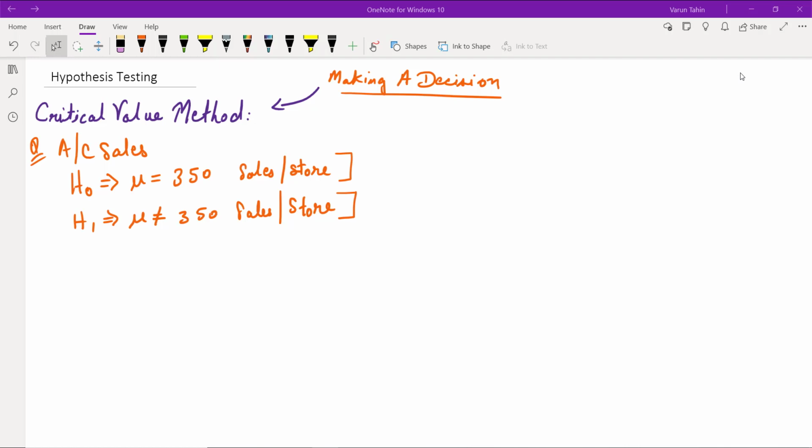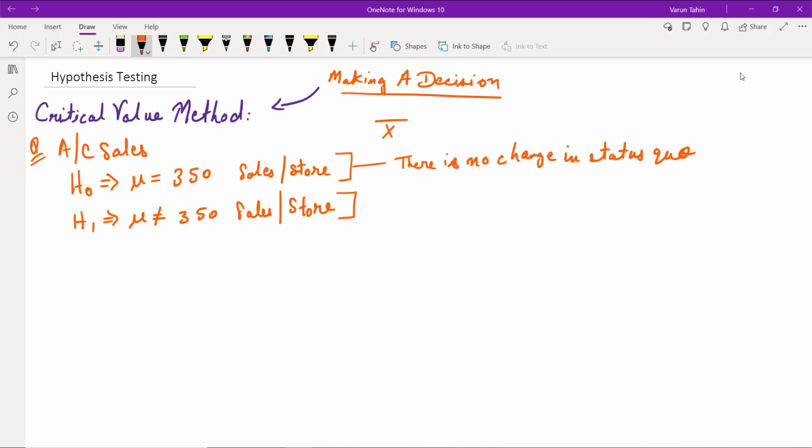Okay, so let's say that the null hypothesis here says that the population mean is 350 sales per store, and the alternate hypothesis becomes the population mean is not equal to 350. Now if the sample mean, that is x bar, is also 350, then we can say that there is no change in the status quo.